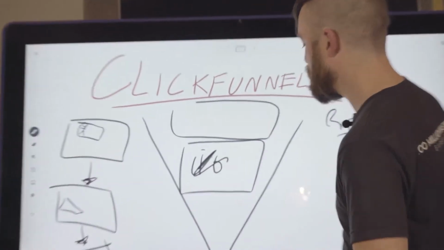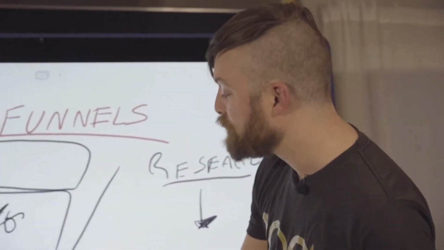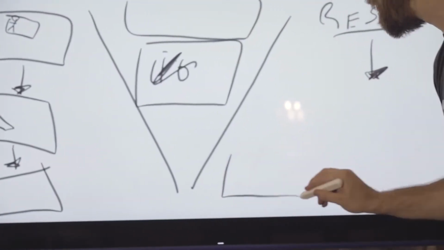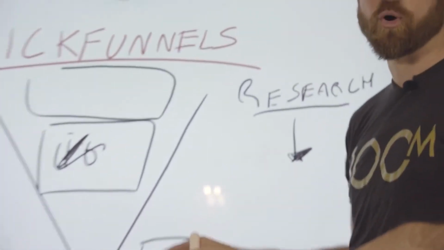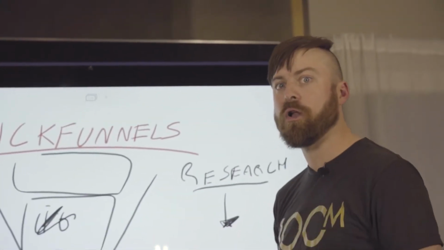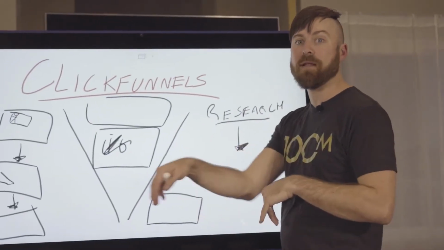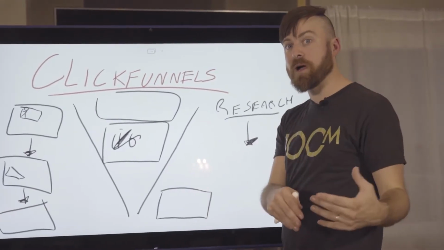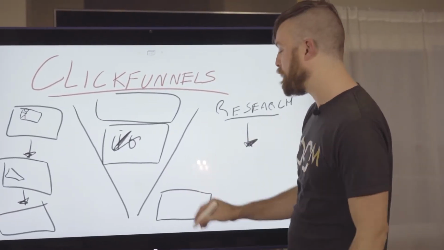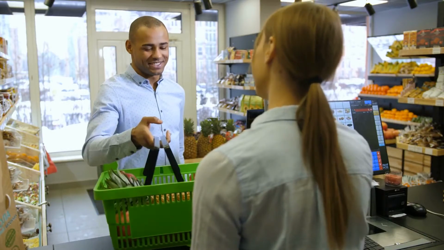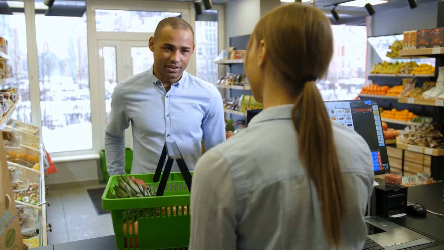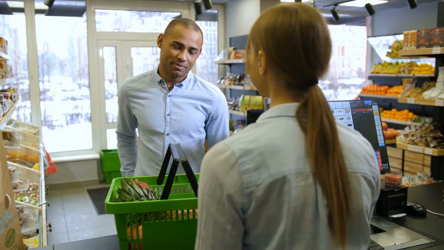There's 10 types. And then finally, at the end of the funnel, people are looking for a product to purchase, or a phone number to call, or a form to fill out, or a software to sign up for a free trial for. And typically, this is where people are making a product decision and spending money.